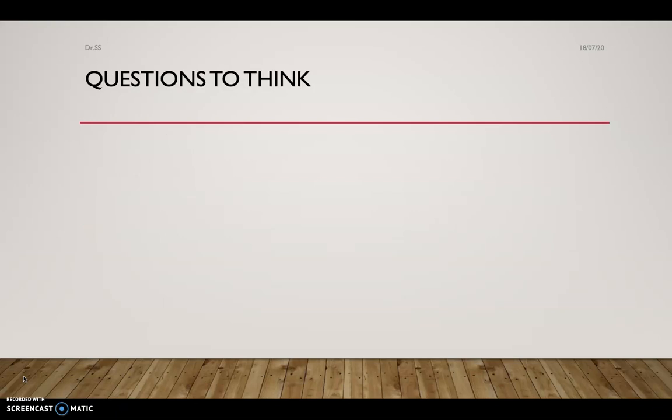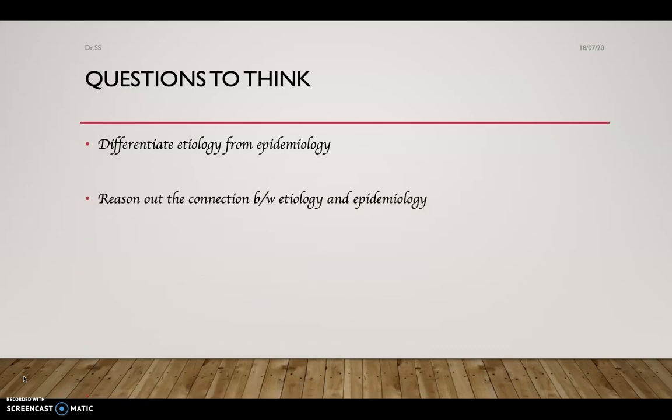And some questions to think about. Differentiate etiology from epidemiology. You have to think about this and correlate it with COVID-19 now, and reason out the connection between etiology and epidemiology. You are also connected with some pandemic or epidemic disease, so comment in the comment box.